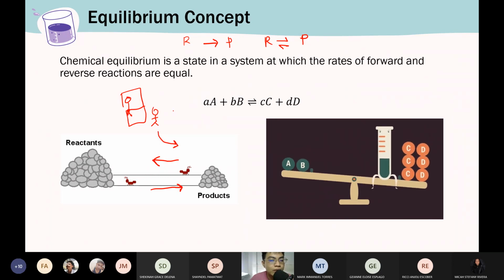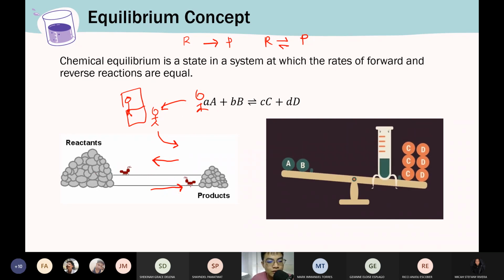Di ba you will be automatically replaced by someone? Yung nasa pila. So, that in itself is an equilibrium. Equilibrium yan. Kasi, when you go out of your chair, merong papalit agad sa'yo.